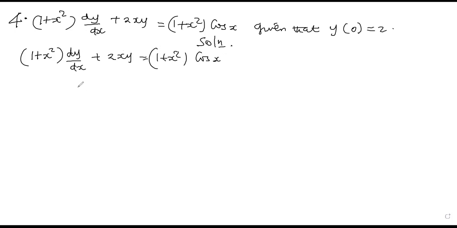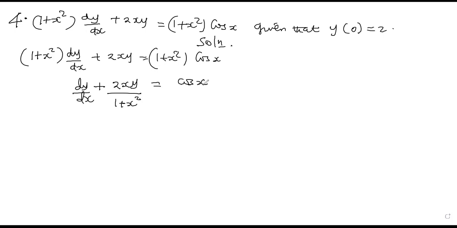So if we divide through, we shall have dy/dx plus 2xy over (1 plus x squared), because here we divided it, so it is no longer there, is equal to, when you divide here, it is the same, it will cancel, so we shall have cos x this side.